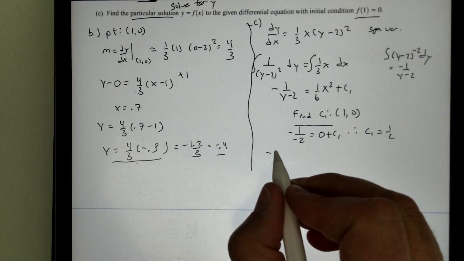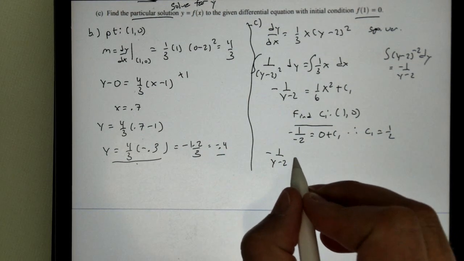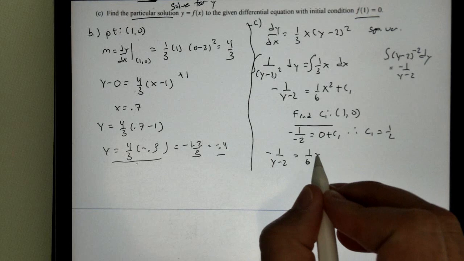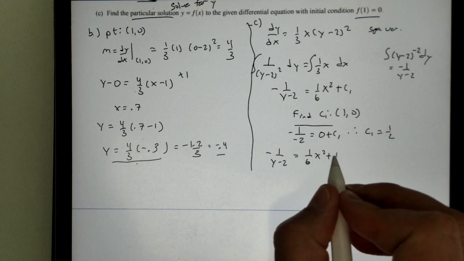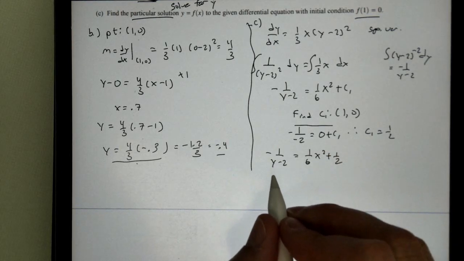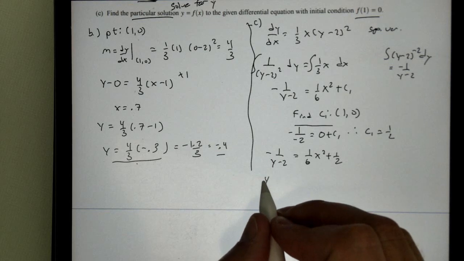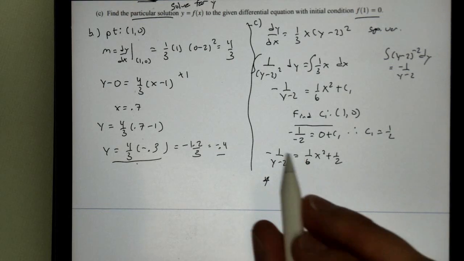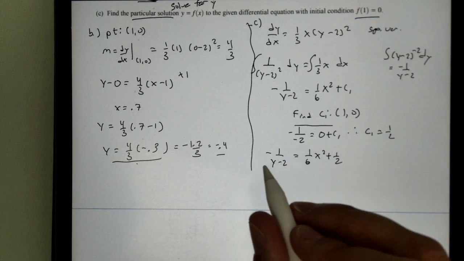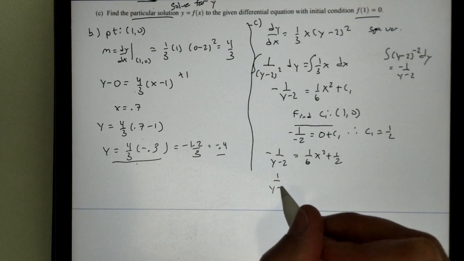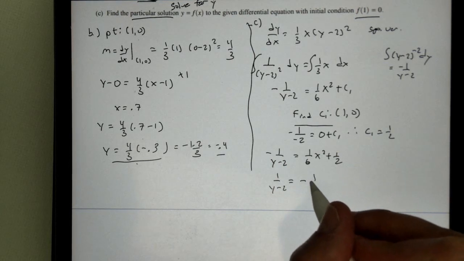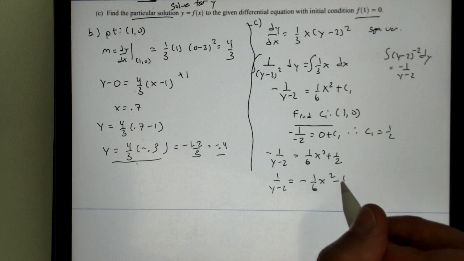And now I just have to solve for y. Negative 1 over (y minus 2) equals 1/6 x squared plus C. Divide by the negative. So we would get 1 over (y minus 2) equals negative 1/6 x squared minus C.